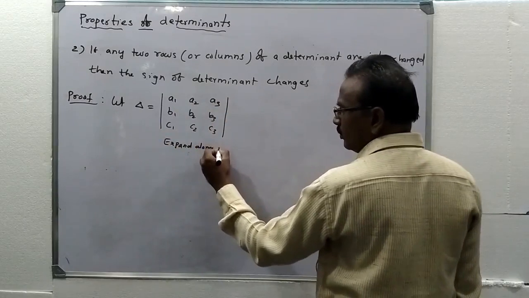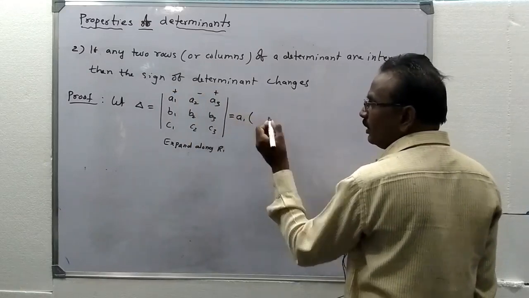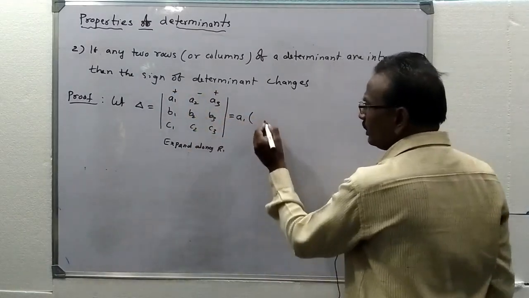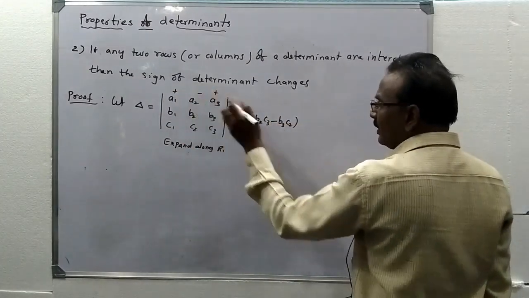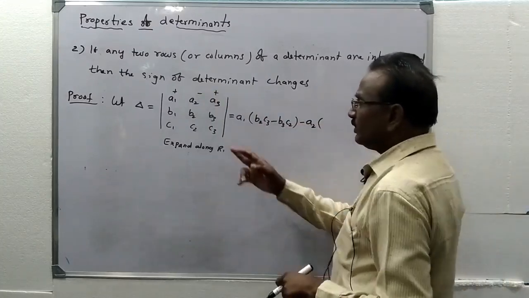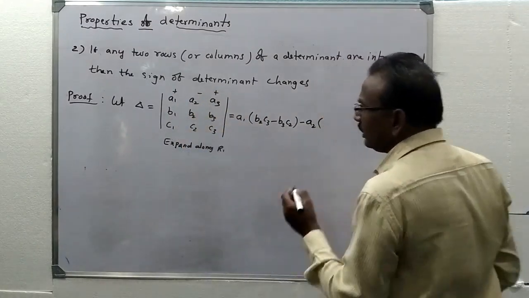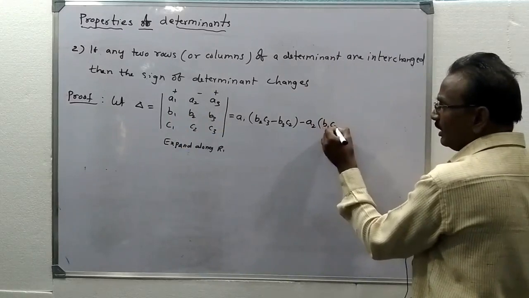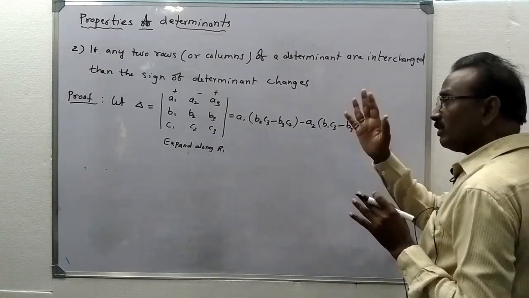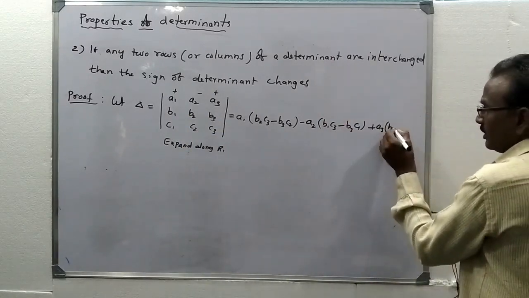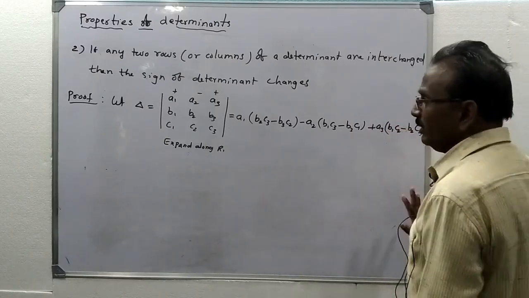So plus, minus, plus: a1 into, delete first row and first column, determinant of remaining 4 elements, that is b2 c3 minus b3 c2, minus a2 into, a2 is the first row second column element, delete first row second column, remaining 4 elements b1 b3 c1 c3, the determinant b1 c3 minus b3 c1, plus a3 into, delete first row and third column, determinant of remaining 4 elements is b1 c2 minus b2 c1. So this is the value of determinant.